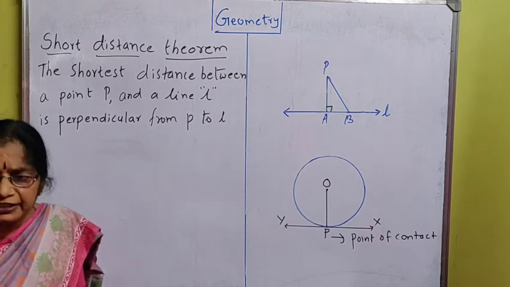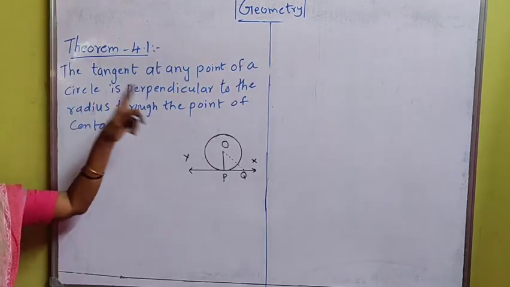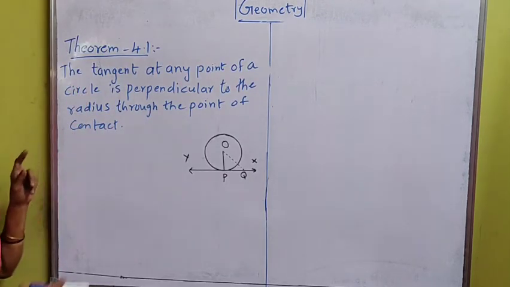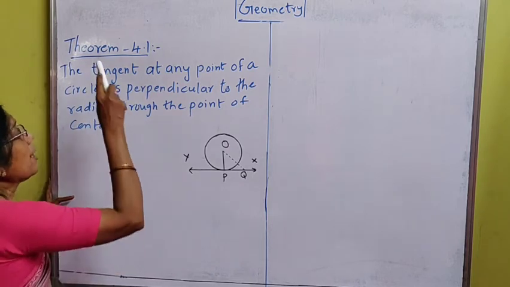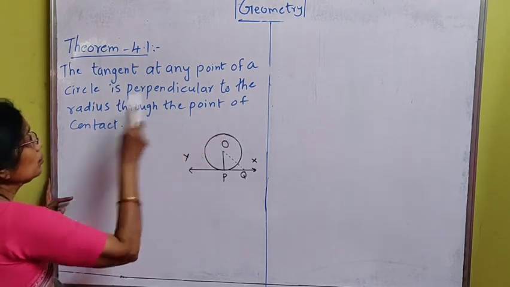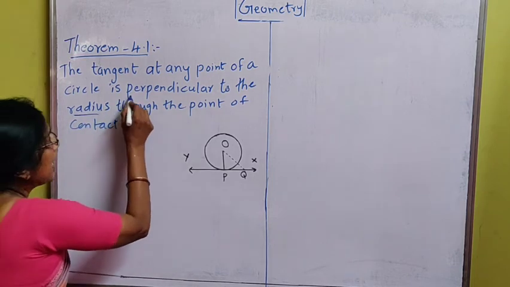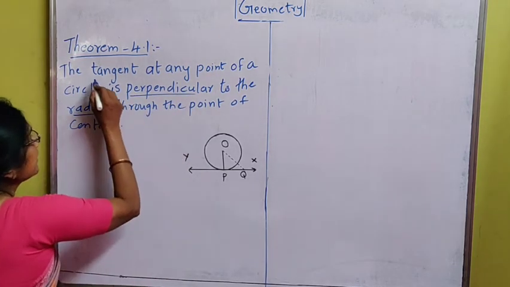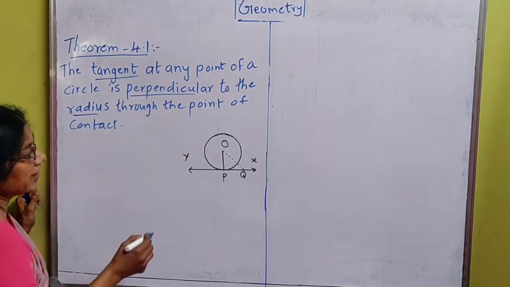The tangent at any point of a circle is perpendicular to the radius through the point of contact. Very important: radius and perpendicular.